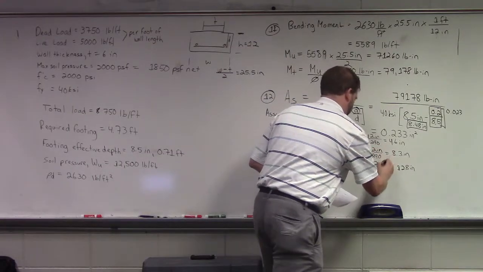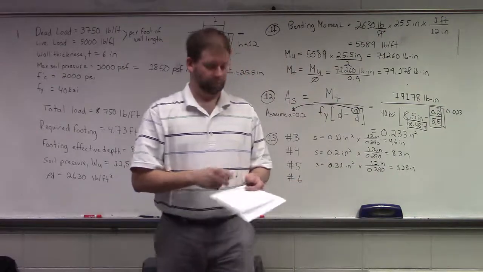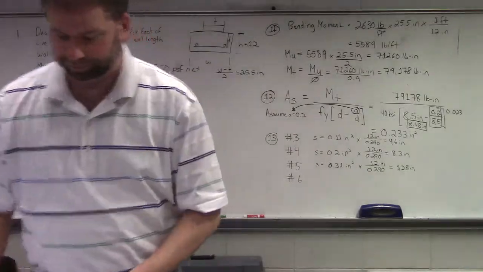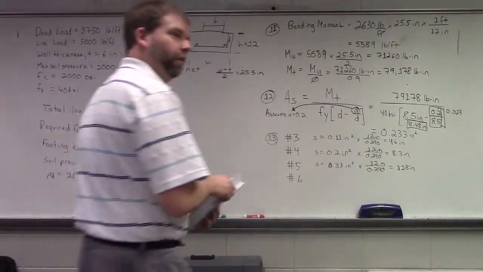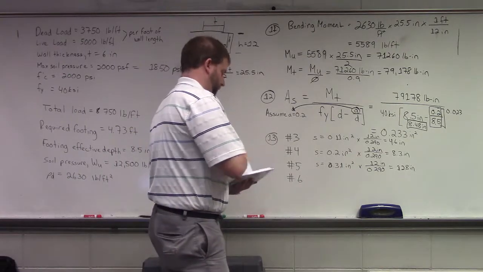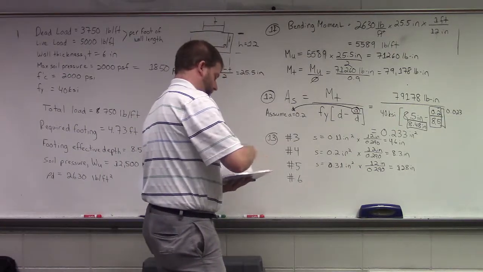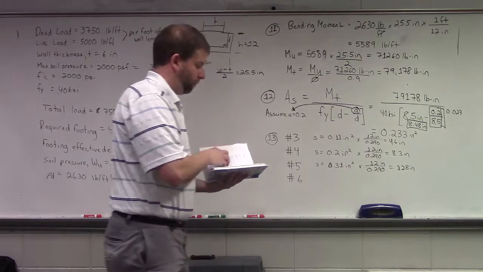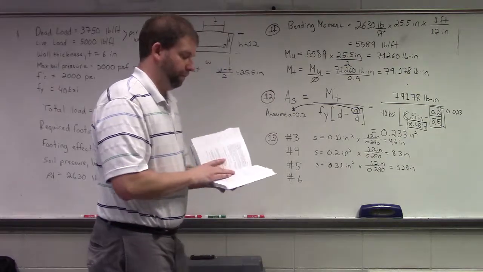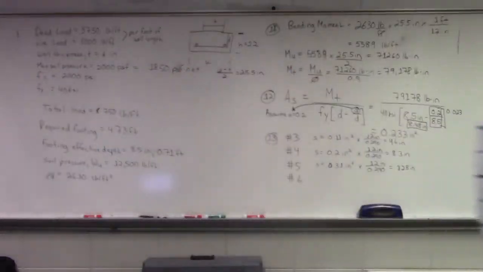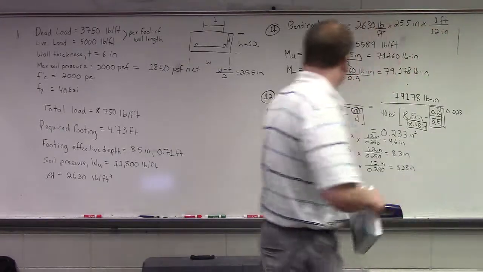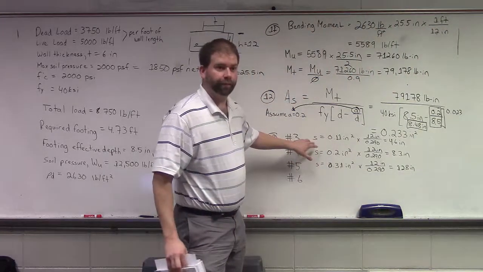Wait, are you doing 0.29 or should you be doing 0.233? 0.29's the area required for bending. Yep. So they've got, what does S mean? S is your spacing.